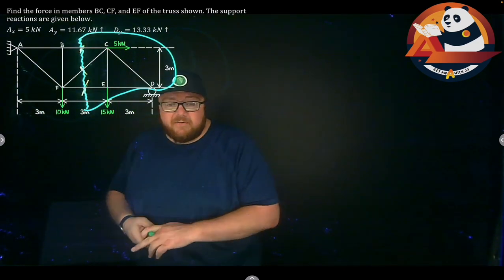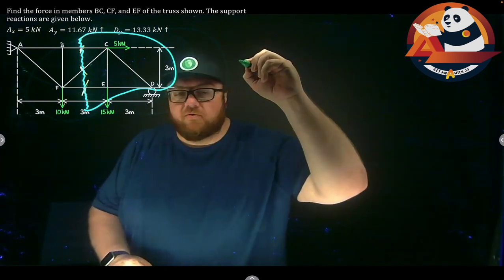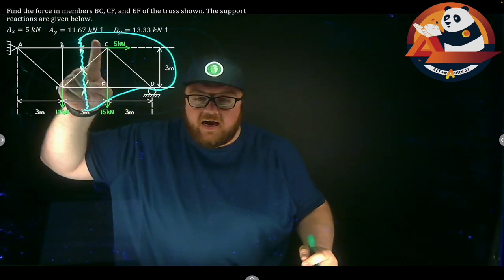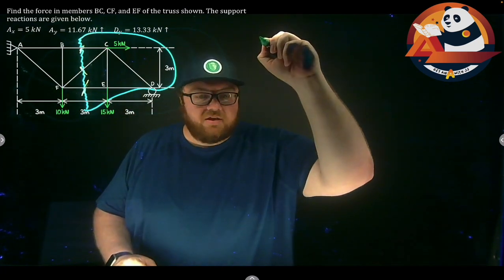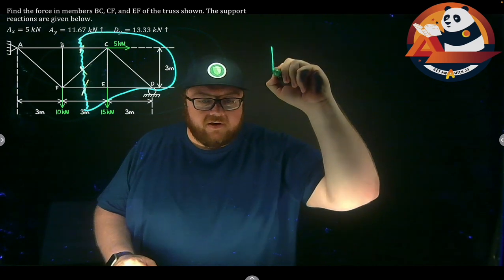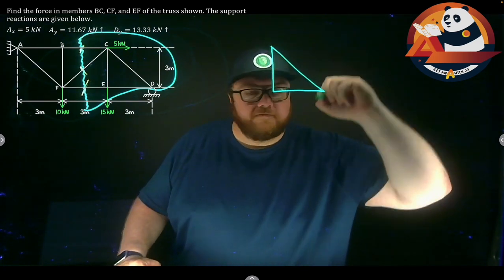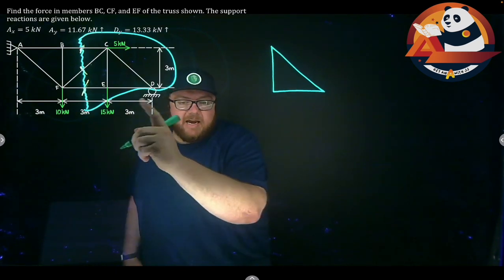So let's go ahead and draw our free body diagram. I'll just get that on the right. I have my uncut members. I didn't cut member CE, I didn't cut member DE, and I didn't cut member CD. So just 3 pieces of this I need to draw on here to make a nice triangle. At D, I had a roller.